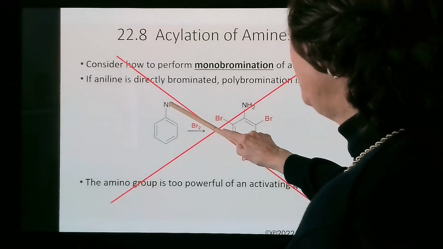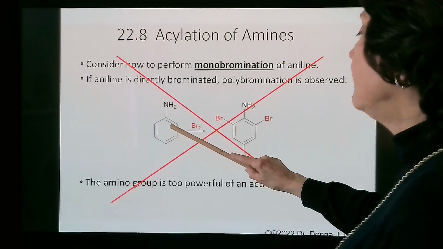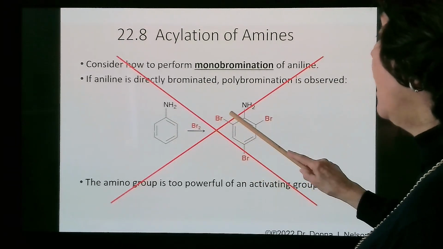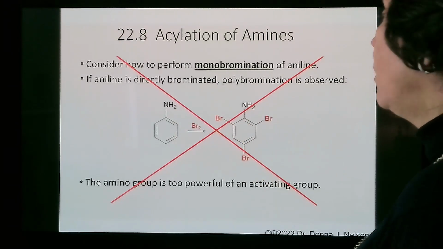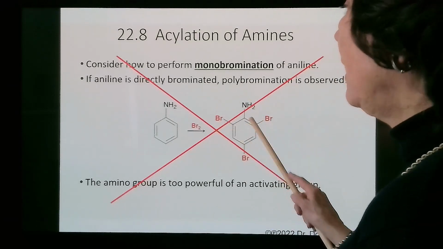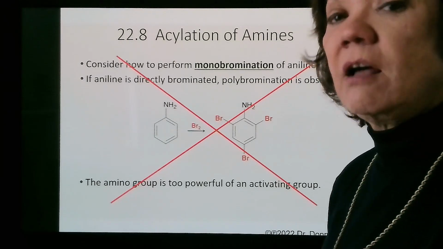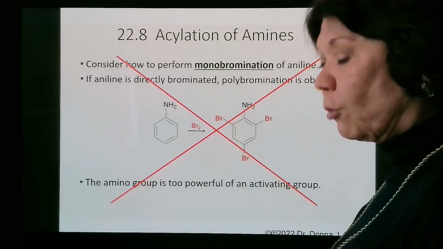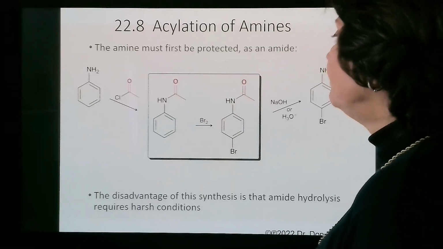The amino group activates the ring so much that you will get the tribromo product. So this generally, it's not very useful because usually only monobromination is the goal.